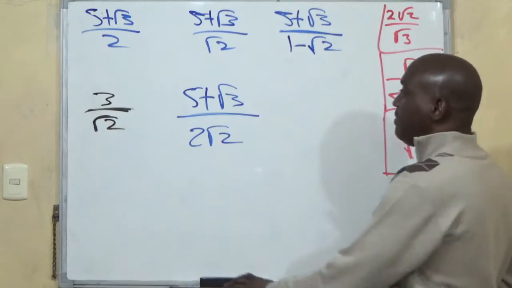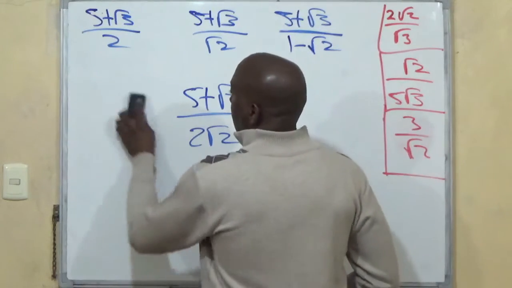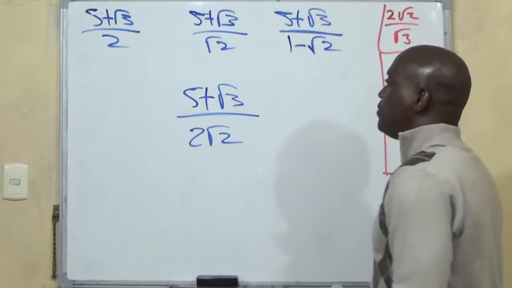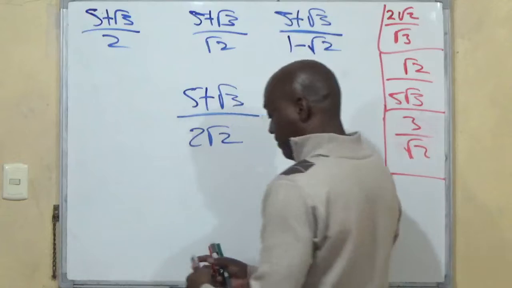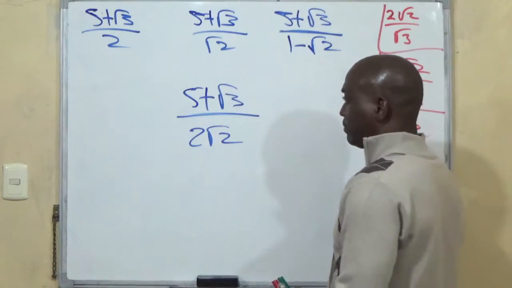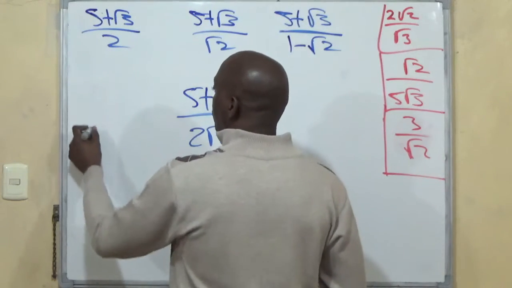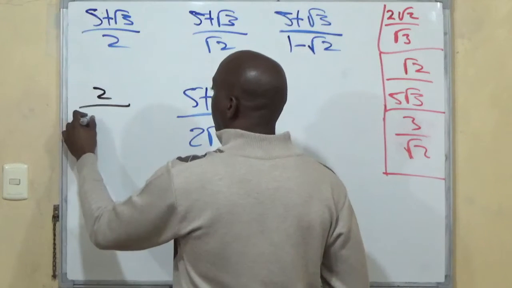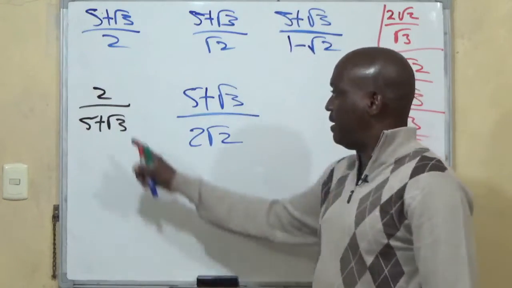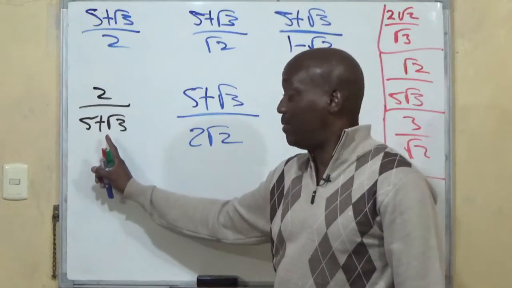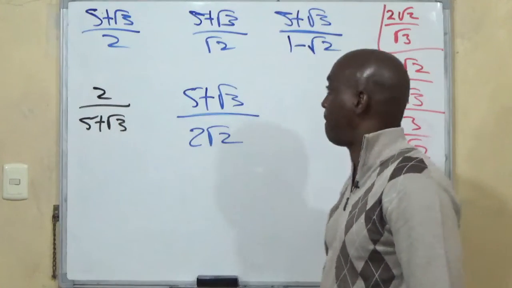Or you can have it in the reverse. Let me flip the script now. So instead of 5 plus root 3 over 2, you could have 2 over 5 plus root 3. You have an integer in the numerator and a compound surd in the denominator.